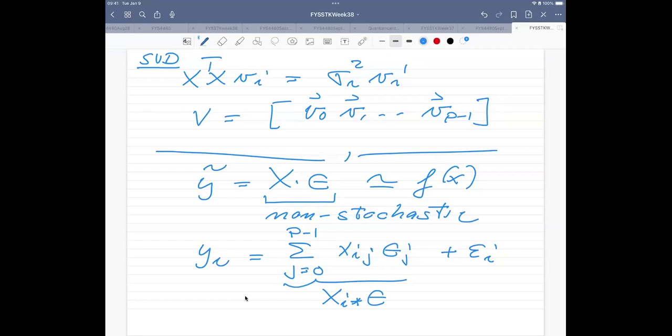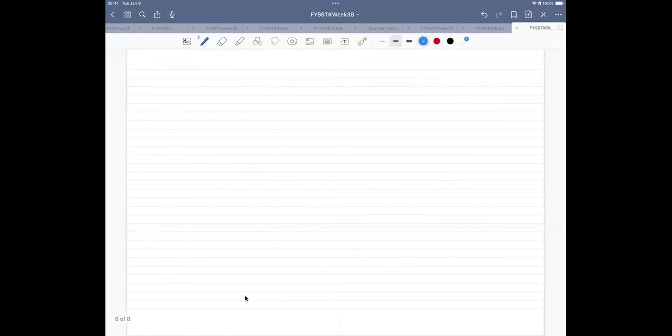It is meant to avoid the clutter you get if you include everything. Now, let us ask the question: what is the expectation value of y_i?